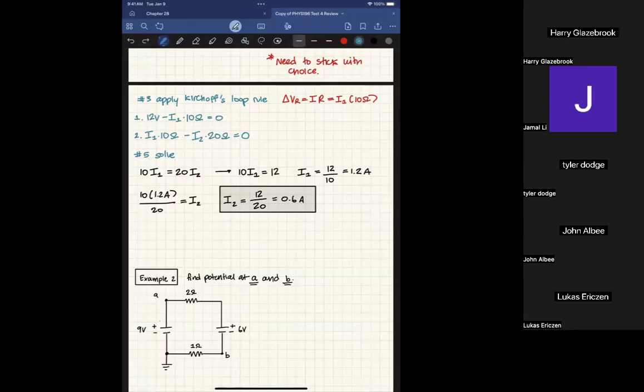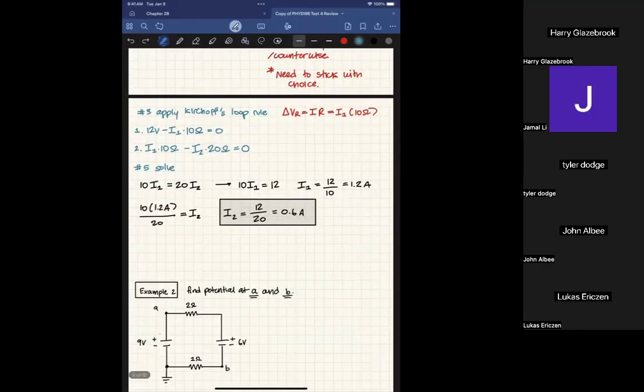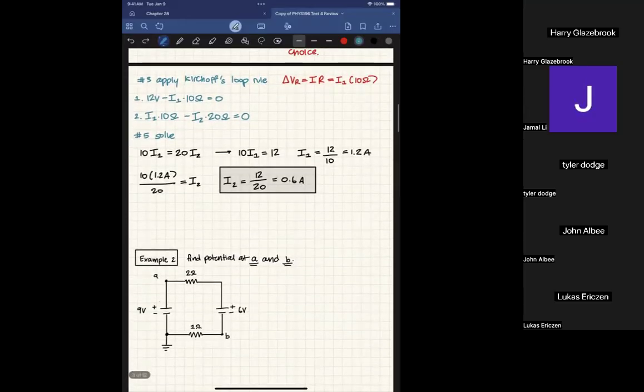Walk through that last step. The solving step. For the solving, honestly, there's a lot of different ways you can solve it. That was the way that made more sense to me, but there's other ways to do it. So I don't want you to get stuck in thinking that this is the only way to solve it. The whole point is that you just have two equations here.